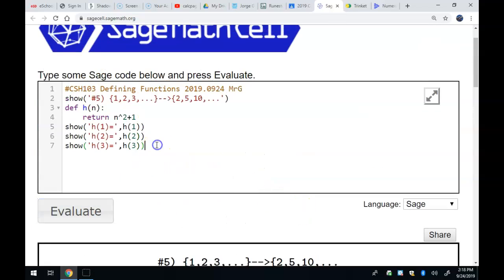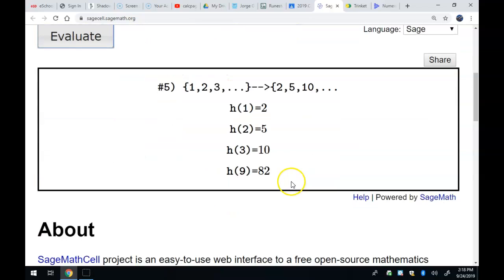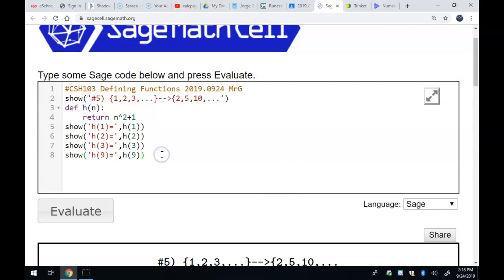And just for fun, let's go to h of, I don't know, 9. What's h of 9? 9 squared is 81 plus 1 is 82, just for fun. And we graph that, it's probably parabolic, and that's number 5.